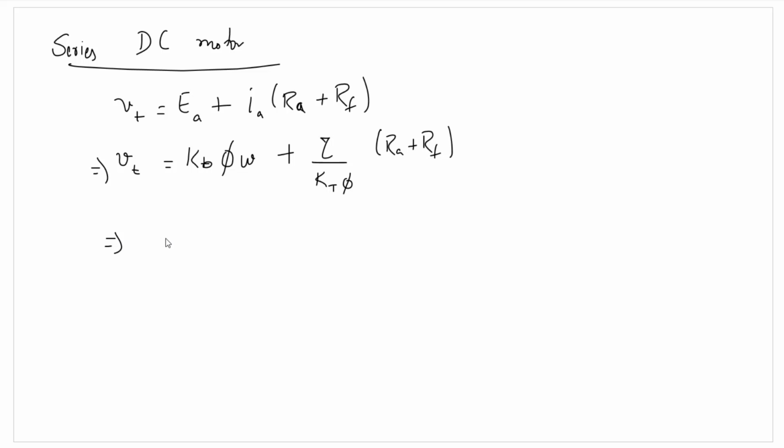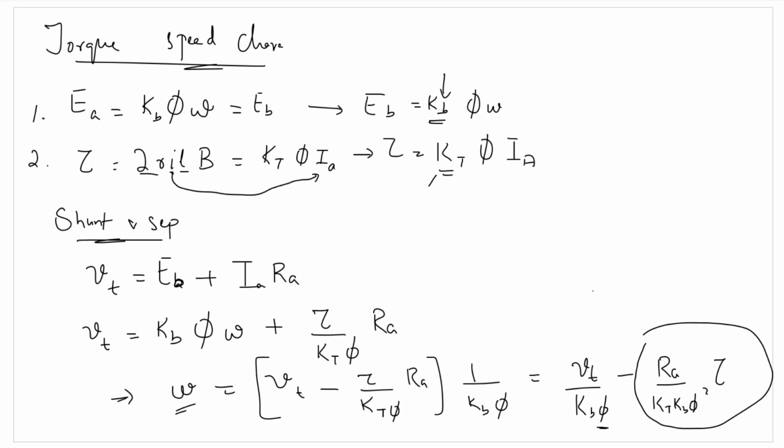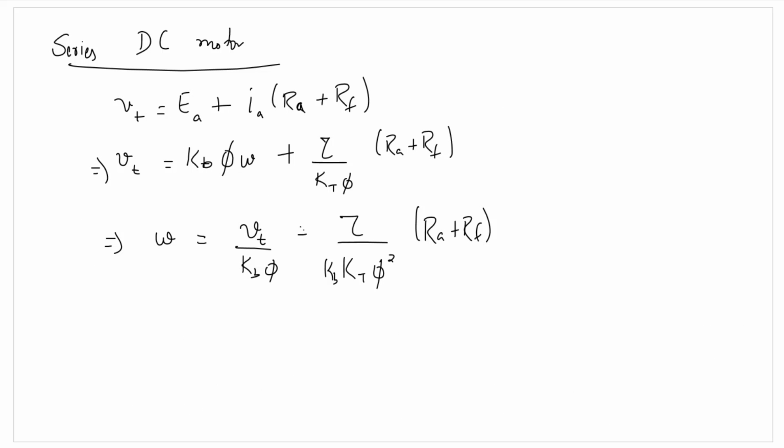Which implies omega will be Vt divided by Kb phi, minus tau divided by Kt phi into Kb phi. That means this is Kb Kt phi square, times Ra plus Rf. So the only difference here is that we have Ra plus Rf into tau rather than simply Ra times tau.